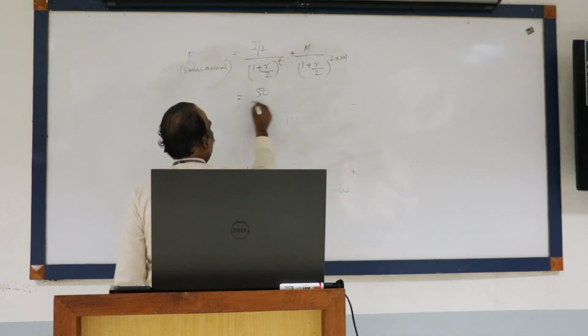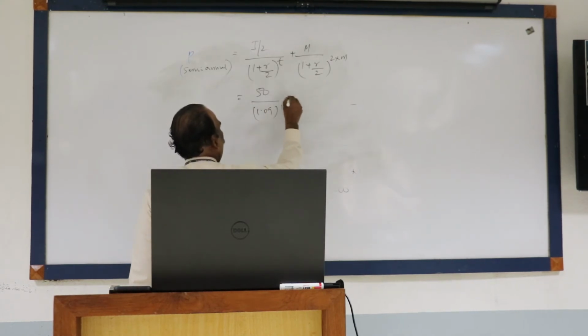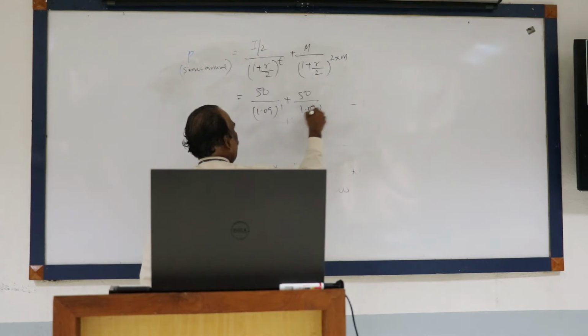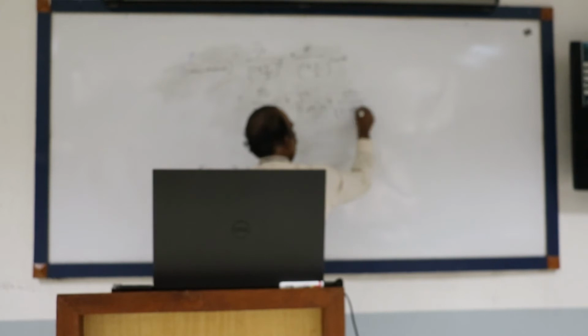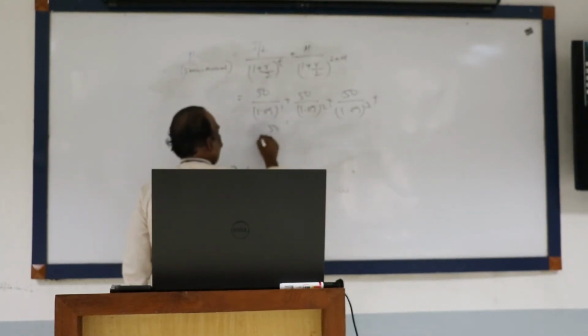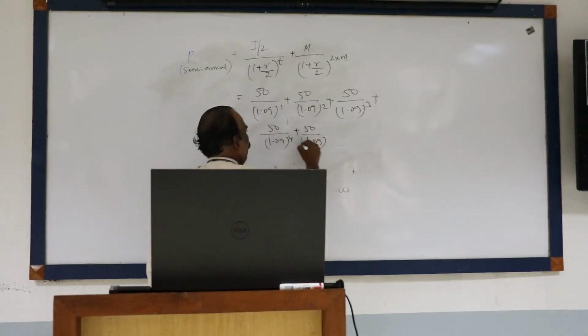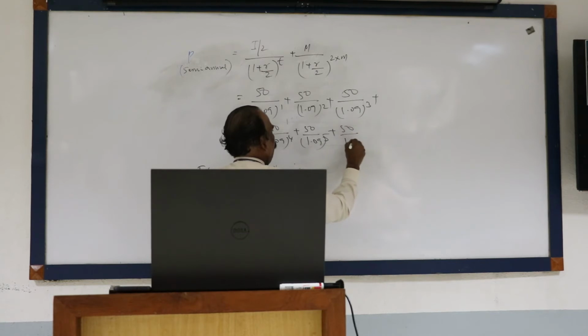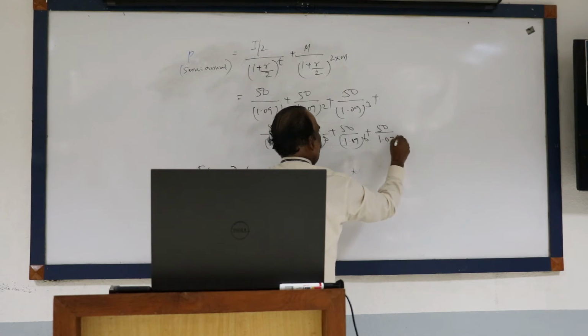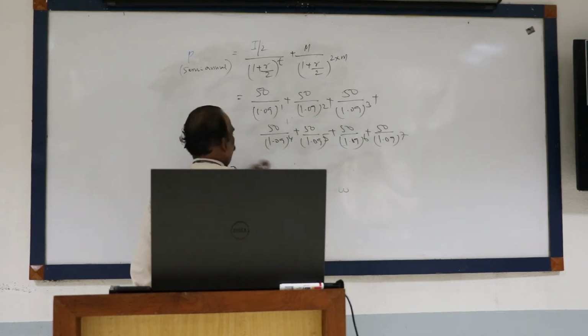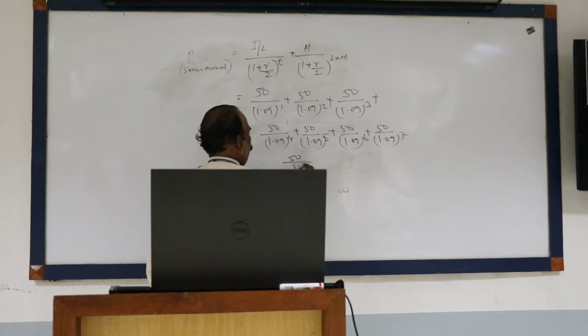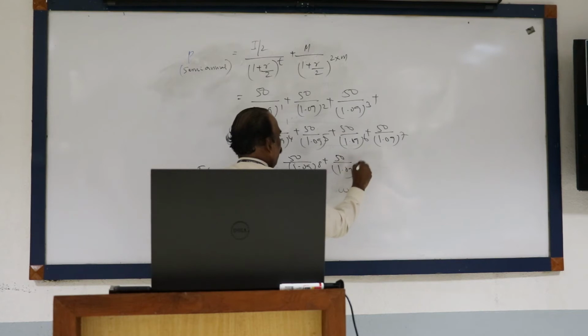So 50 divided by 1.09 power 1, 50 divided by 1.09 power 2, plus 50 divided by 1.09 power 3, plus 50 divided by 1.09 power 4, power 5, power 6, power 7, power 8, power 9.